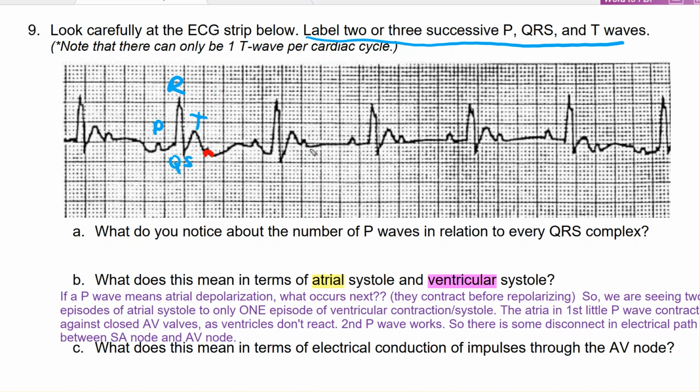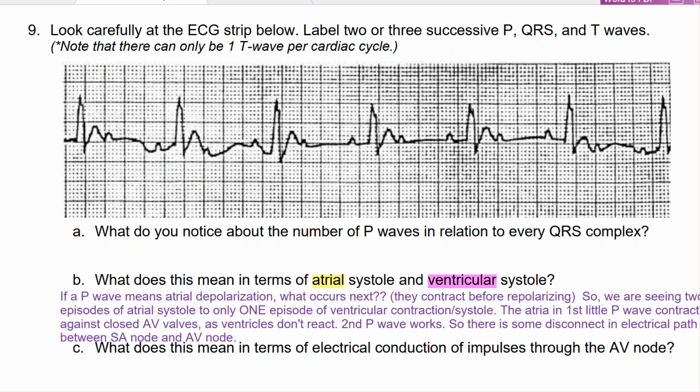What is that? I want you to think about that, and I want you to remember the question is giving you some information. Note that there can only be one T wave per cardiac cycle. So this little red bump right there can't be a T. It's got to be something else. I want you to think about that.